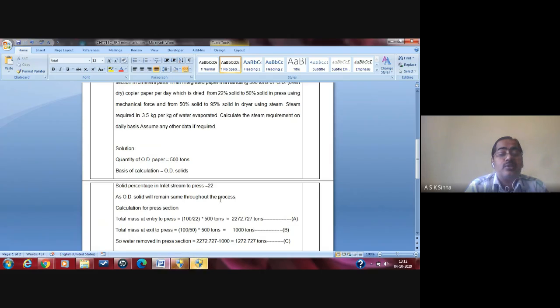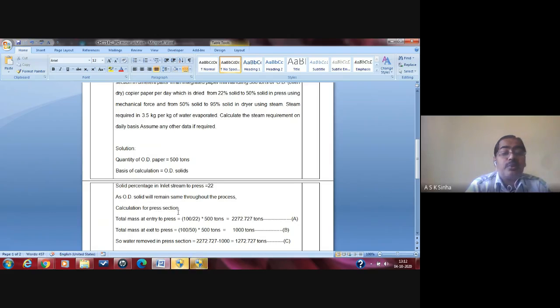So we consider that solid is not lost here; solid loss is considered to be 0. Again, it's only nearly 0 in actual industry. Generally, we are not losing any solid in the press section. So you can take the calculation based on the oven dry solid as the basis.